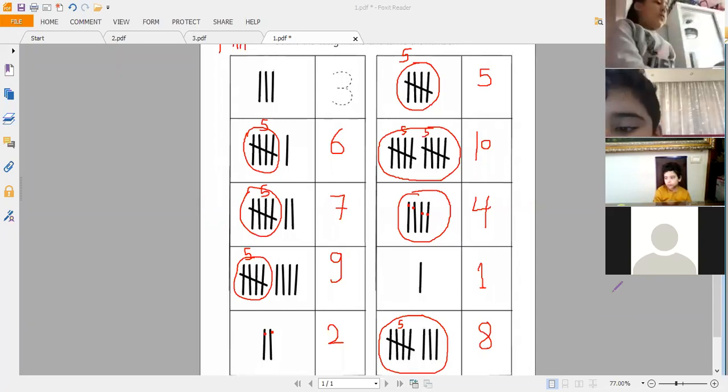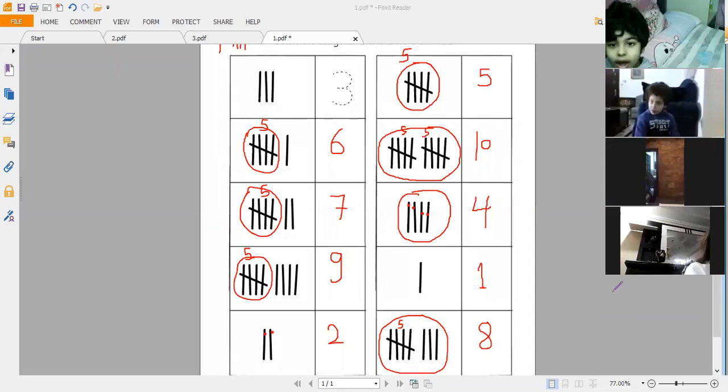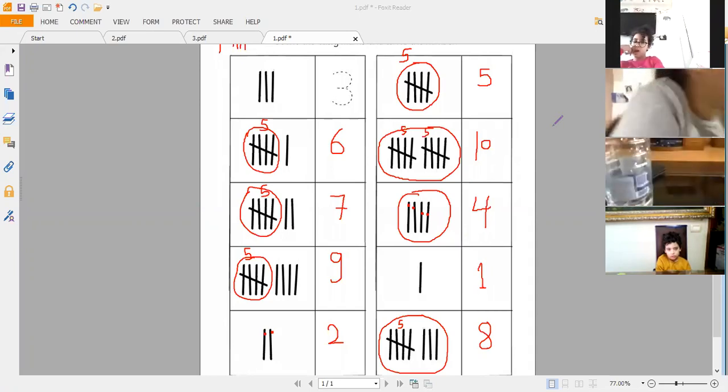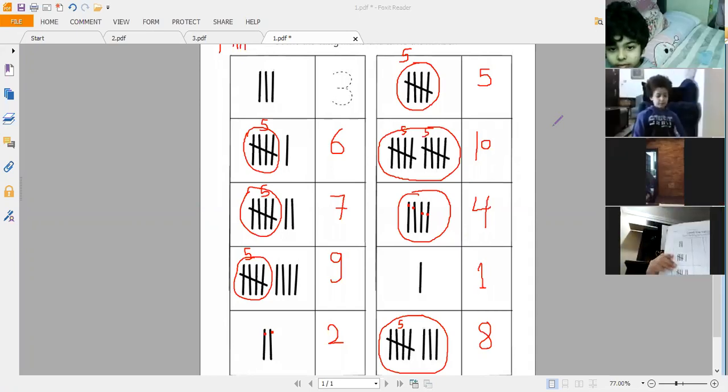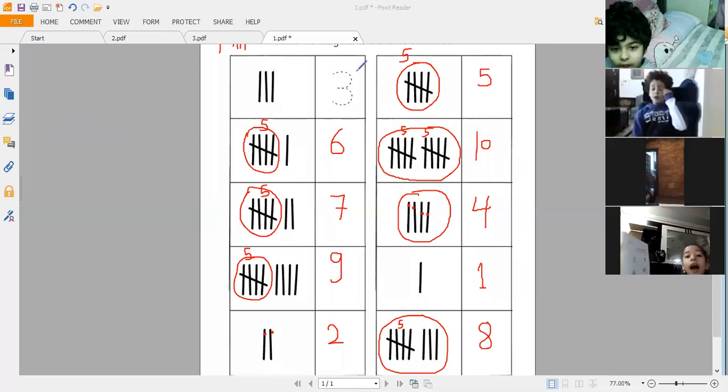Very good. Are we making this sheet? Yes, we're going to complete the sheets, but let's finish this first. I finished it. Mariam, finish? Yeah.